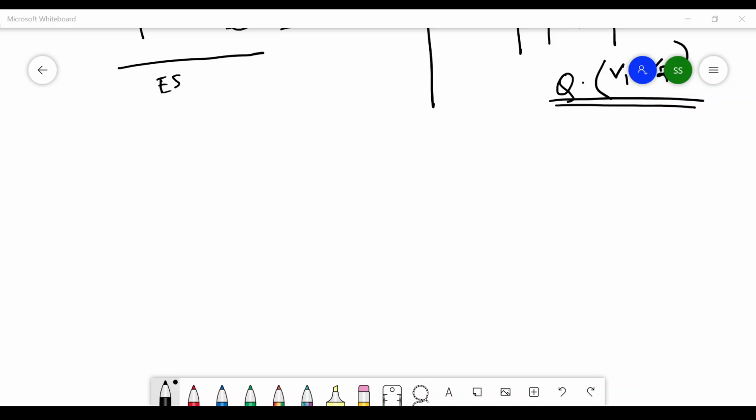With respect to this potential difference, we have an important concept. Say this is point 1 and this is point 2 of a conducting material.